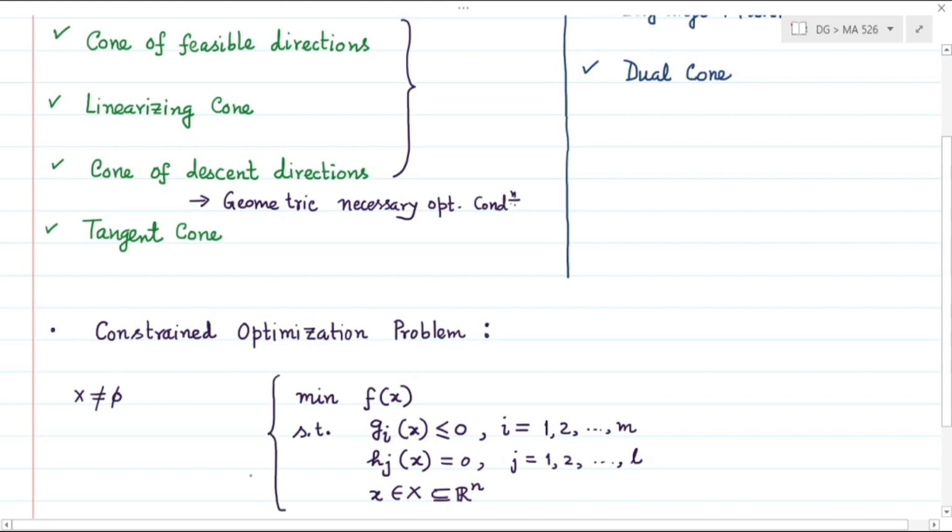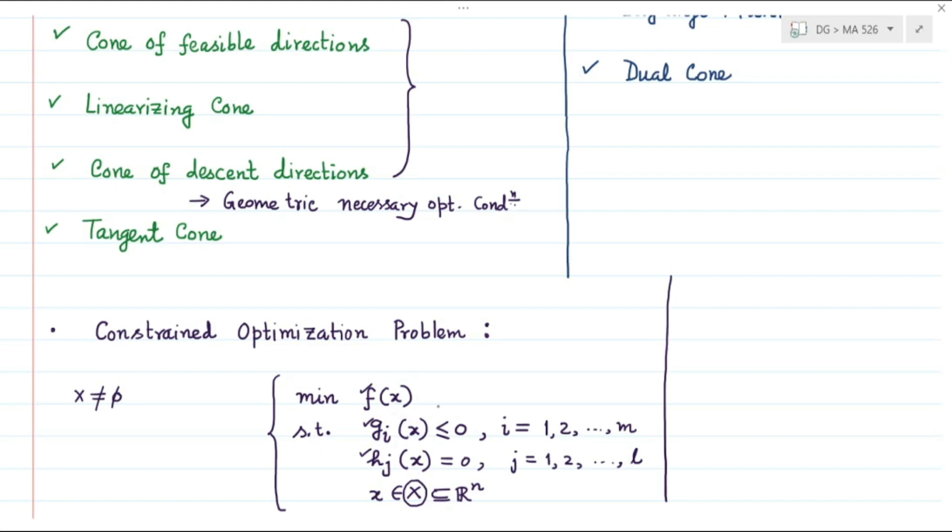So this is typically the generic constrained optimization problem. And in our course of study, unless otherwise specified, we will assume that the functions f and all the functions g_i and h_j are continuously differentiable inside the set capital X. That is an assumption we make deliberately, because depending on the derivatives of all these functions, it is easy to identify a necessary optimality condition.